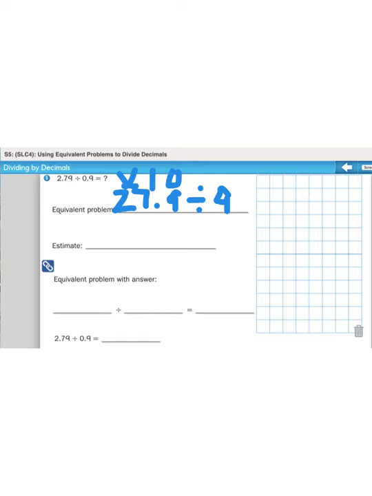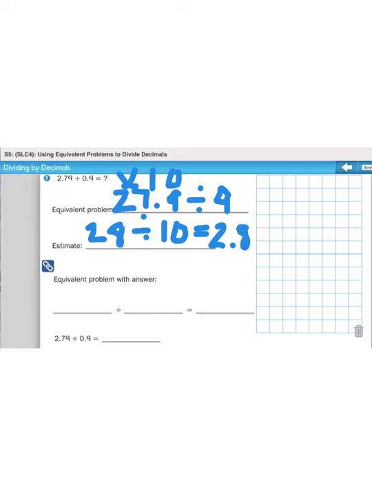We're going to make an estimate, so we're going to round 27.9 to 28. And then let's just round the 9 up to 10, to make it easier to work with. So our estimate's going to be 28 divided by 10, I'm sorry, which is going to give us an answer of 2.8.